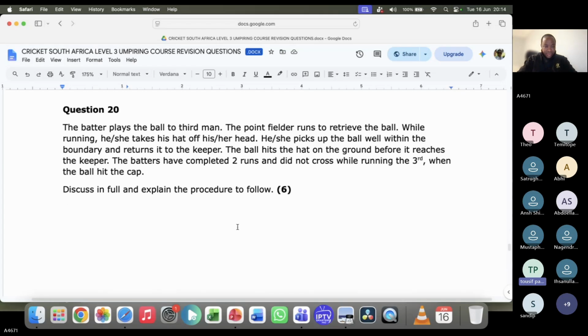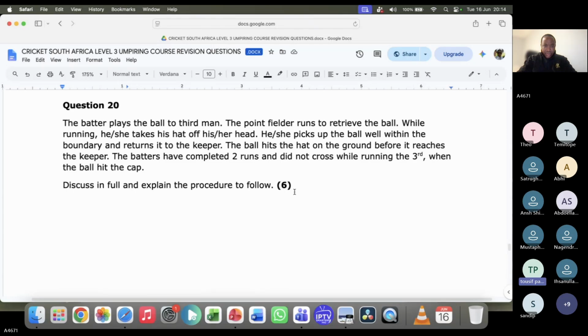And we add the 2 runs which they completed. And if it's a no ball, then we count the no ball run as well. And the third run, the batsmen didn't cross, so we give 2 runs which they completed, with 5 penalty runs for the ball hitting the cap that the fielder took off his head.